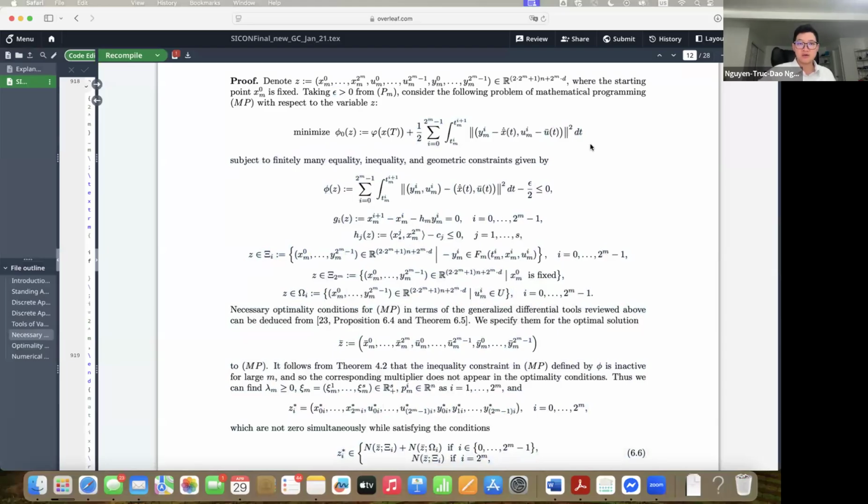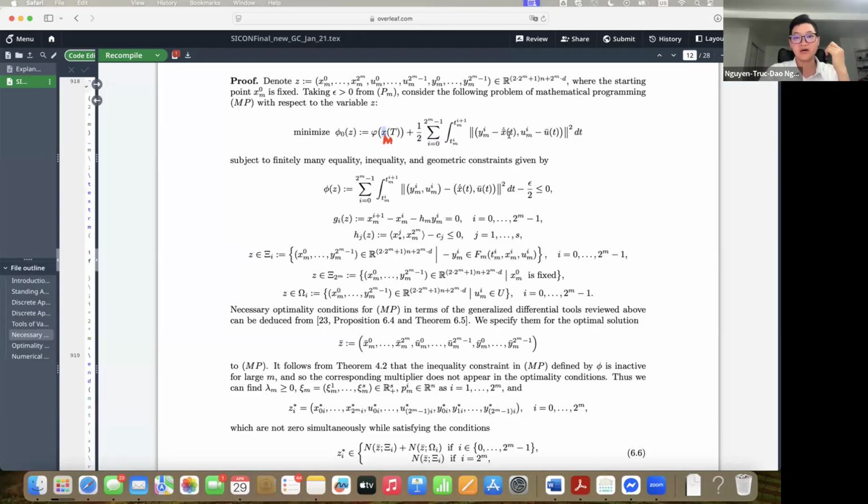Actually, in this one, we just need to consider the terminal cost at the final time for x. I think there is a typo here. This should be x^m, not x. Sorry. It should be x^m.